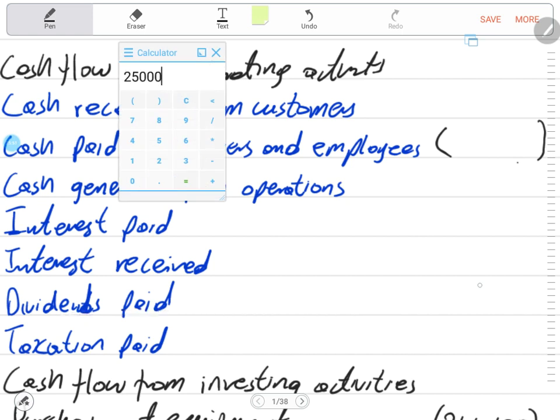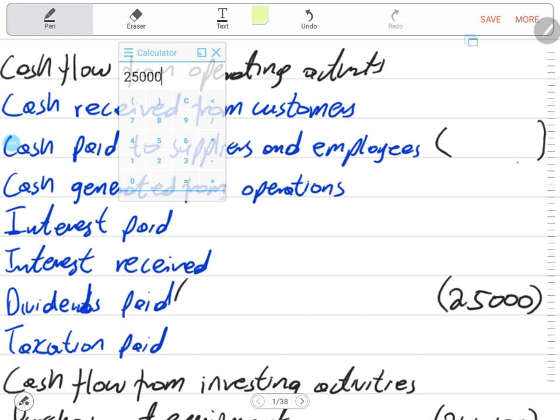So under your dividends paid, this will be 25,000 rands. Money went out. Now, if notes are not required, it is very important to show those workings here: 30,000 plus 35,000 minus 40,000, so that you do get marks for your workings.